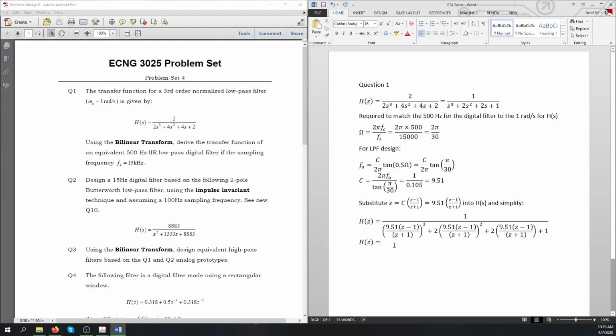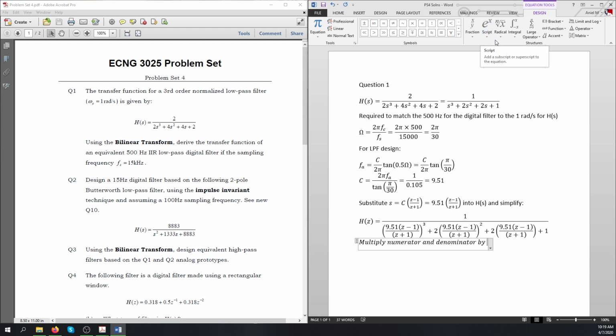So that means we need to multiply the numerator and the denominator by z plus 1 all cubed.